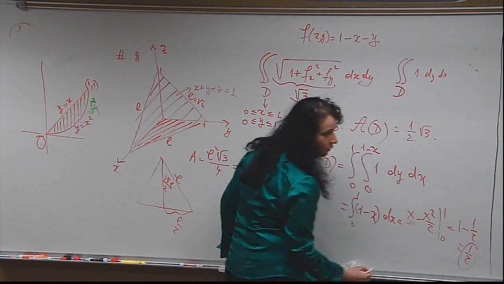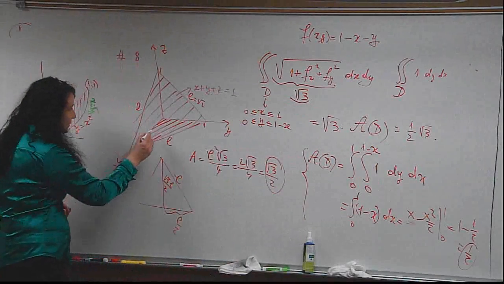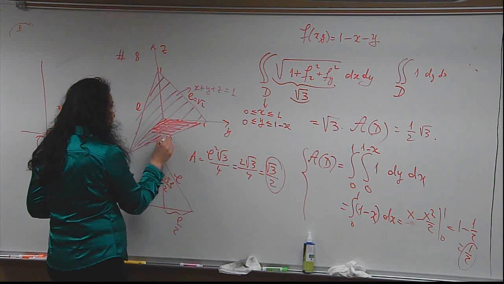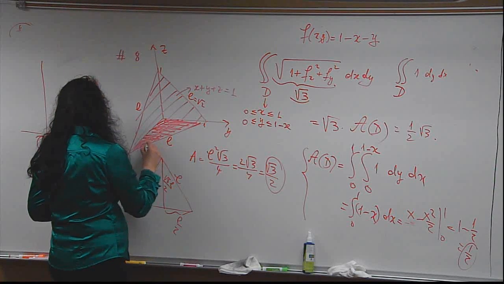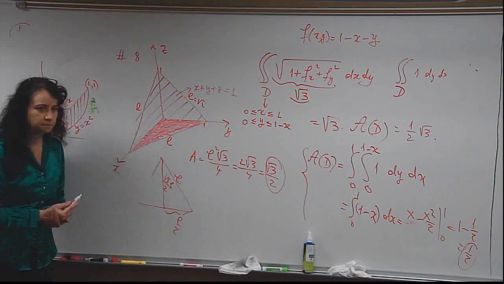I actually proved that the area of this triangle on the floor is 1/2, as if we didn't know that from school. But I have to pretend that I don't know the pink area is 1/2. All right?